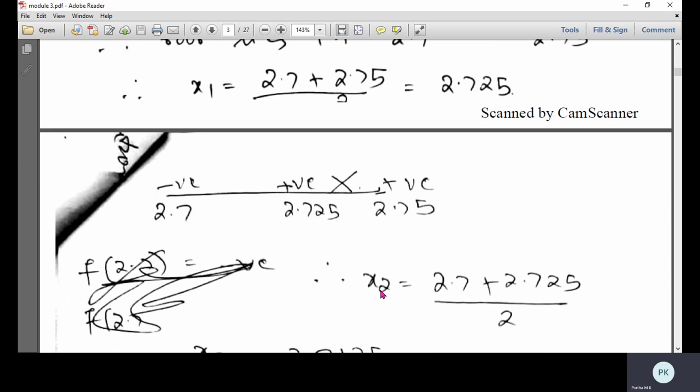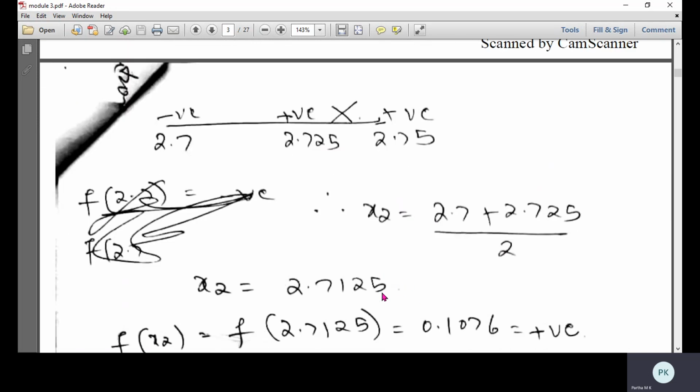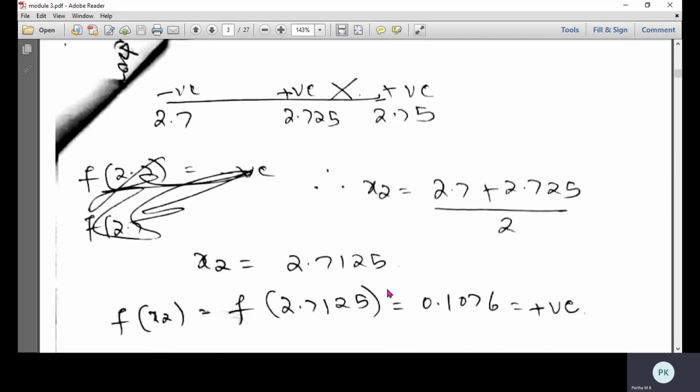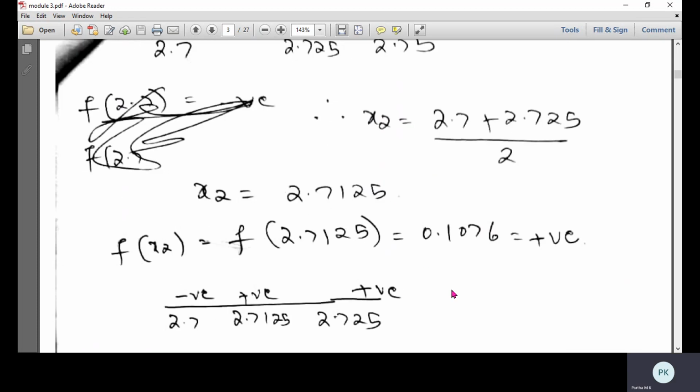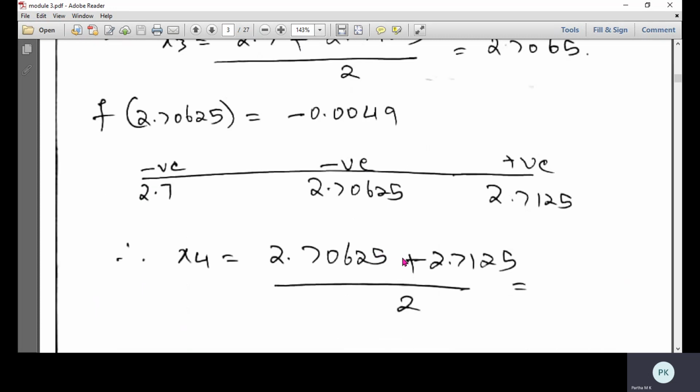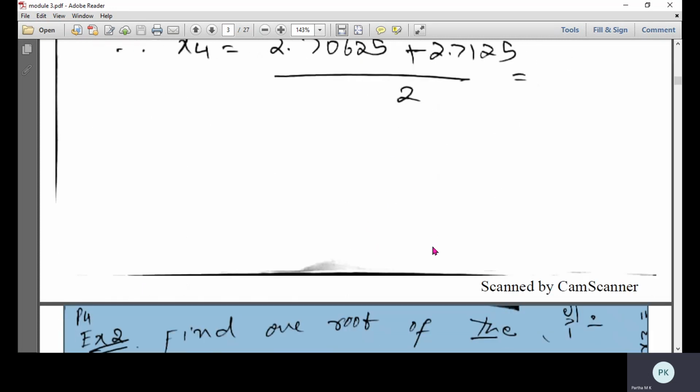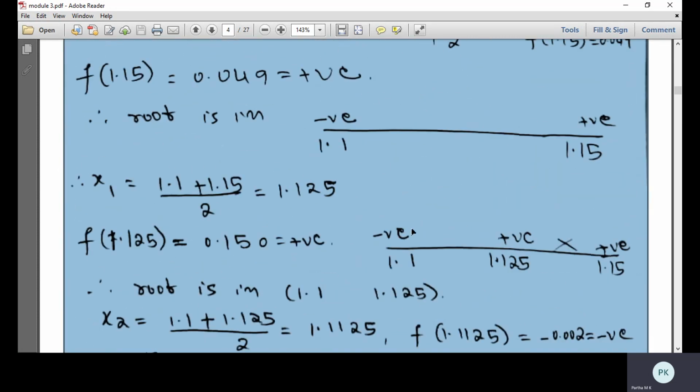So next step x2 is equal to 2.7 plus 2.725 divided by 2. So in this way this will continue. When the middle value you got, you calculate it. So in the same procedure you continue. You will continue up to say x4, x5, x6. So this is about bisection method.